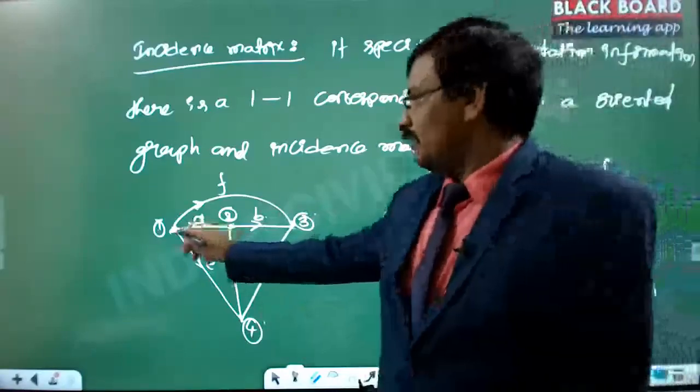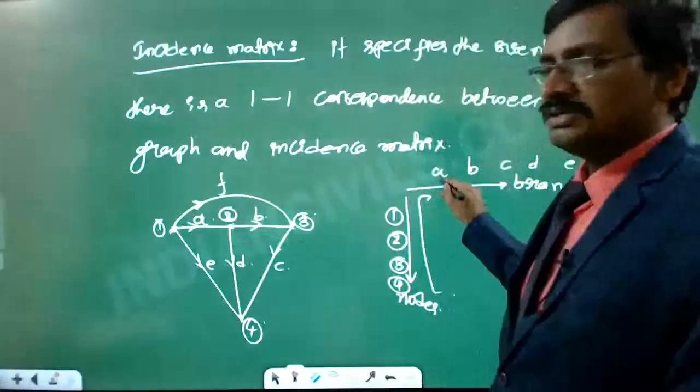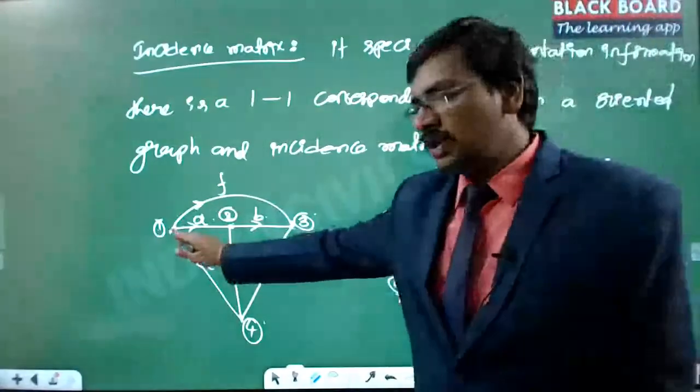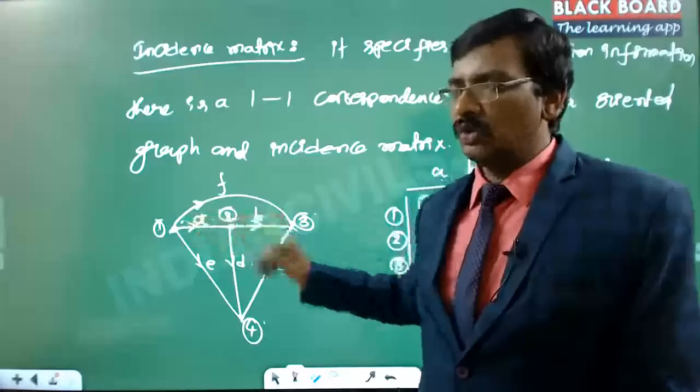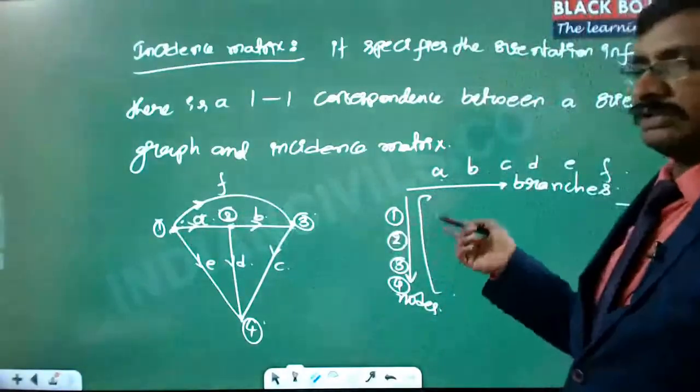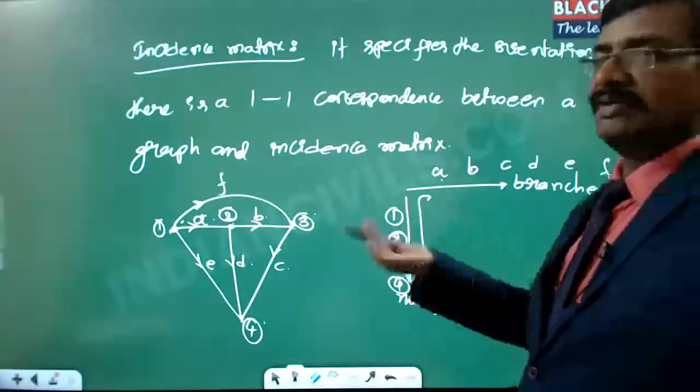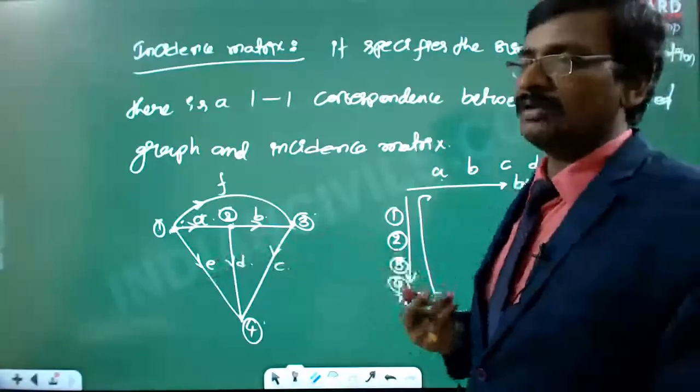Now in this case, for the branch A, and for the node 1, this A branch is going out of the node. If it is going out of the node, you give positive because it is driving the current. That means it is able to provide the current.